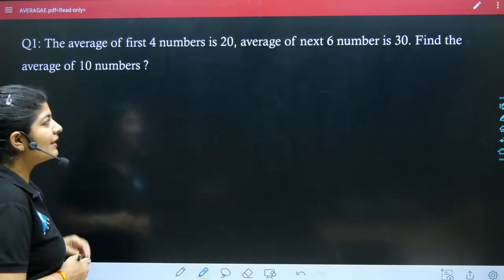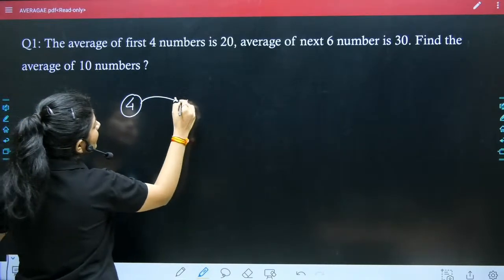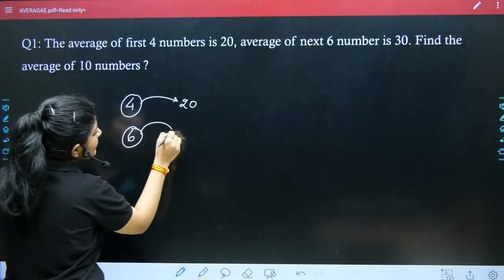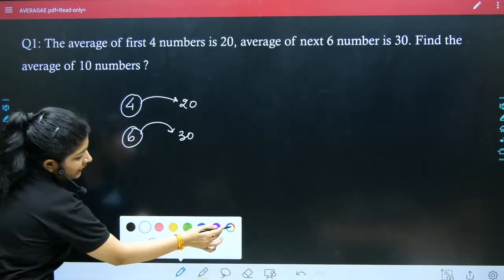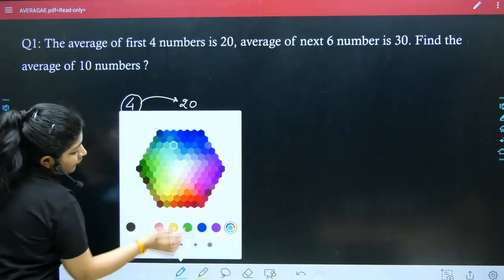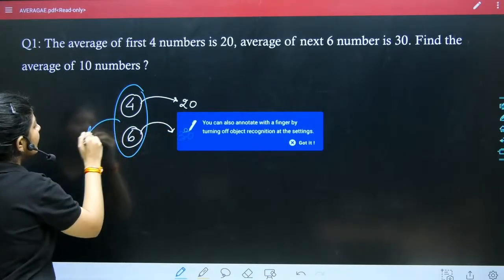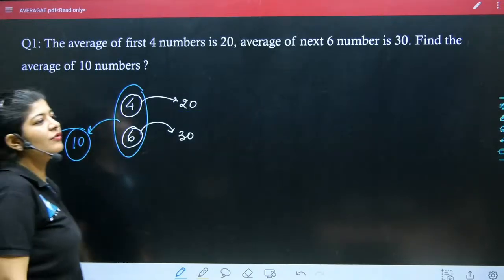Here it is given that the average of the first 4 numbers is equal to 20 and the average of the next 6 numbers is equal to 30. Now we have to find the average of these 10 numbers.